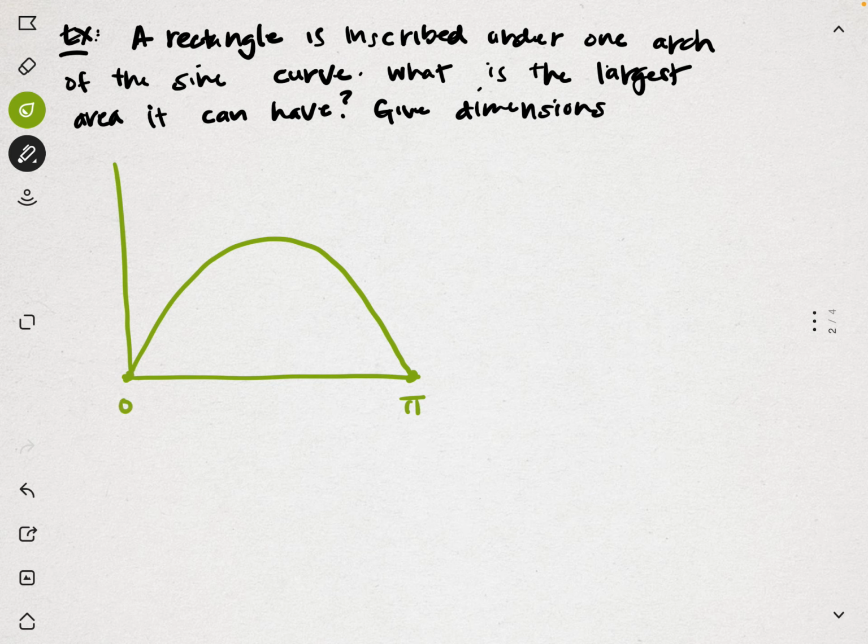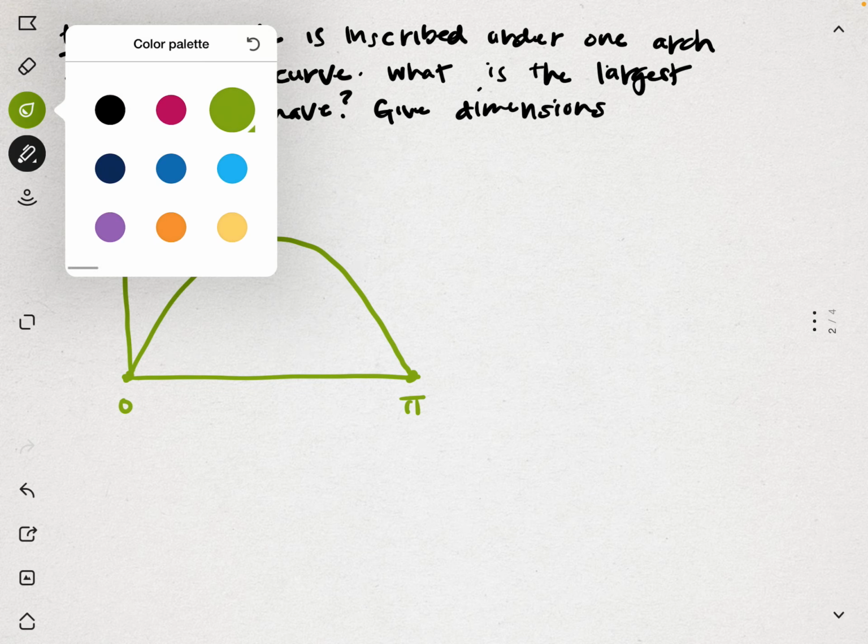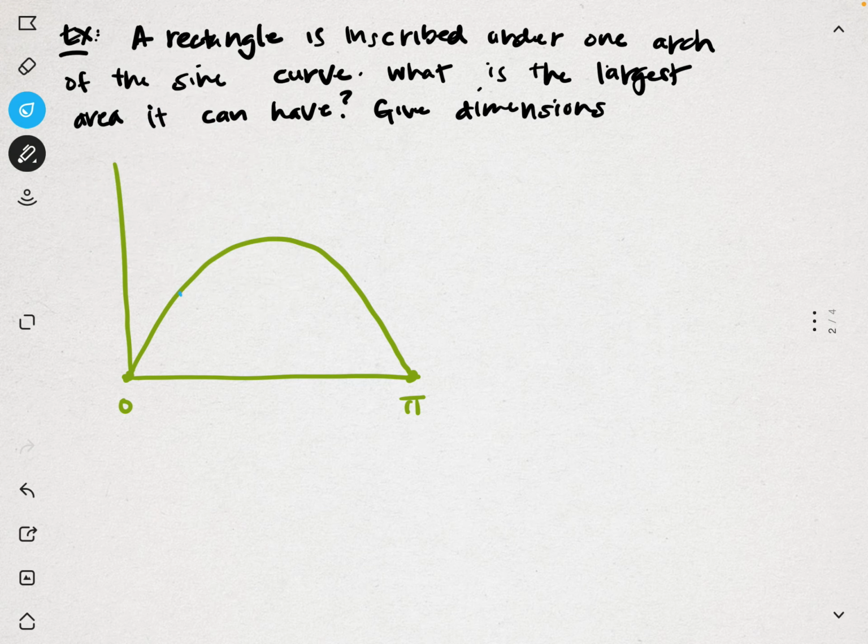This is 0. Okay, and if we're doing an inscribed rectangle, what it looks like is the top corners are going to touch the sine curve. So these points here. All right, so we're looking at the area of a rectangle.